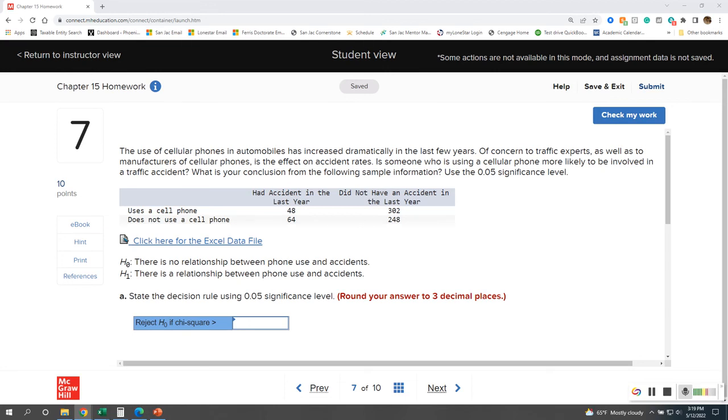But this is indeed a contingency table. So we got number of rows and number of columns. So we have 1. So 2 minus 1. So 2 columns minus 1 is 1. 2 rows, 2 minus 1, because the degrees of freedom.